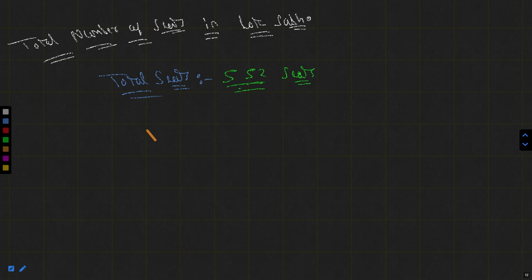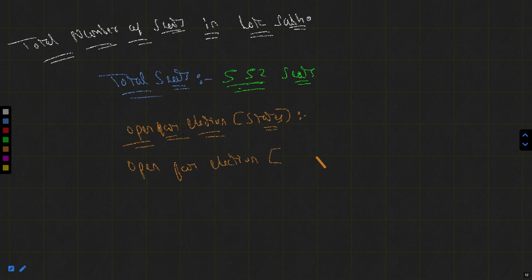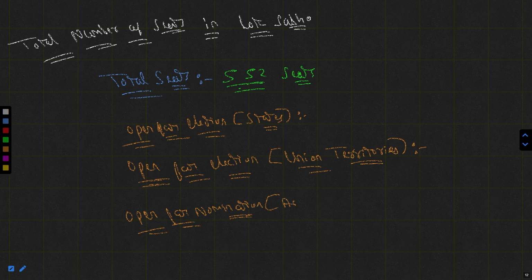Okay, thereafter we talk about the division: open for election from states, thereafter open for election from union territories, and then open for nomination from the Anglo-Indian community.